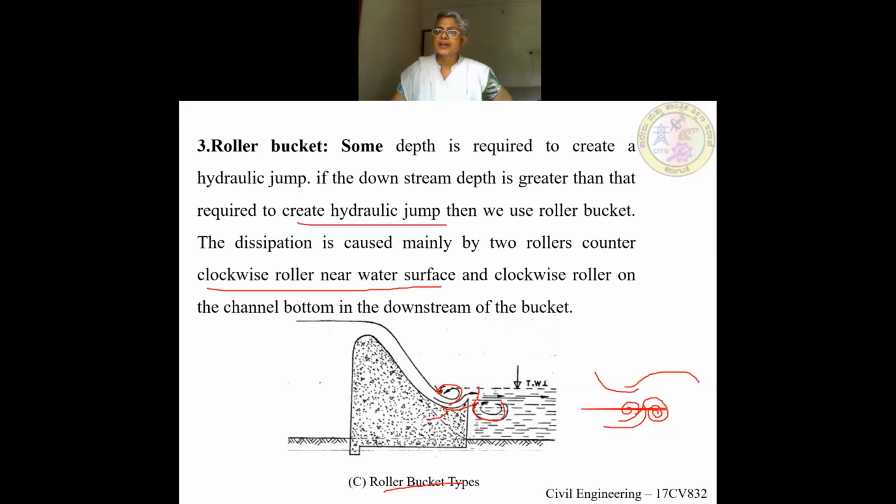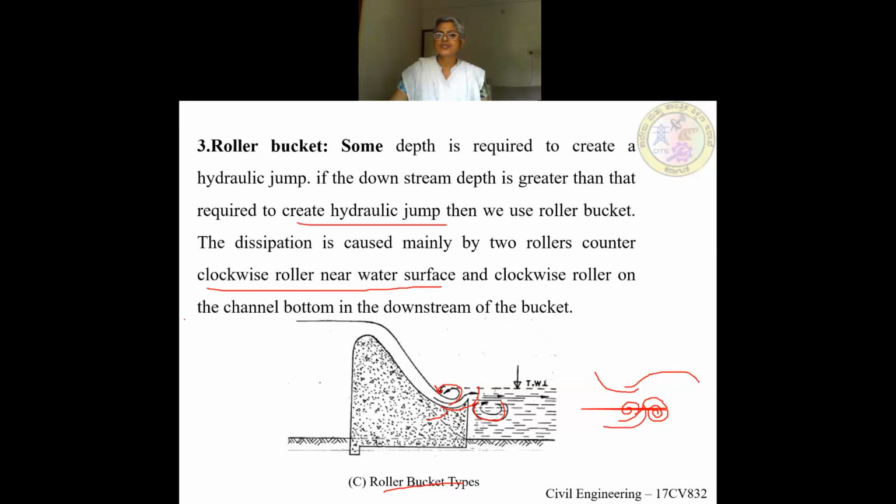This flip bucket will flip the water and then create a hydraulic jump. And where the water falls, an apron is provided. Sometimes a horizontal apron is provided. Sometimes an inclined apron is provided. On an inclined apron, the impact of water will be less compared to the impact of water on a horizontal basin.